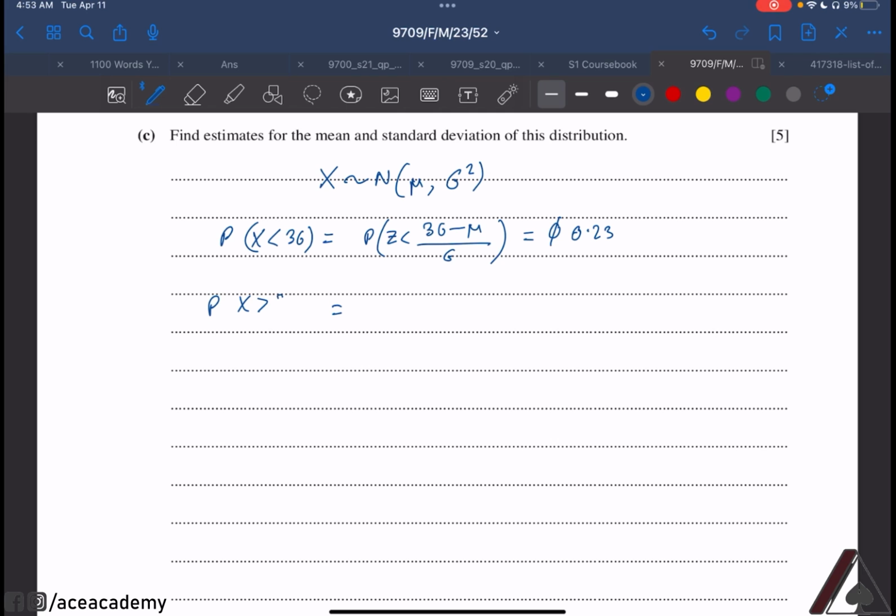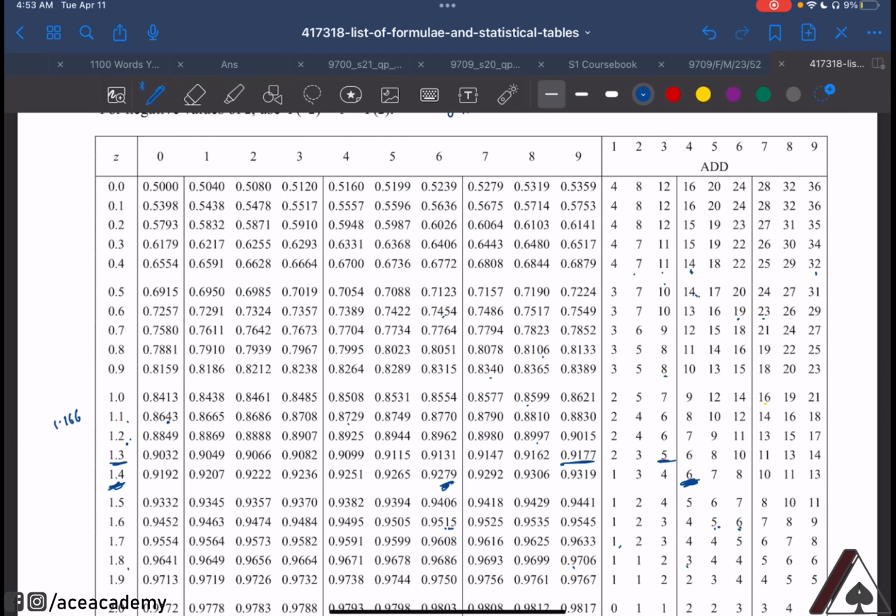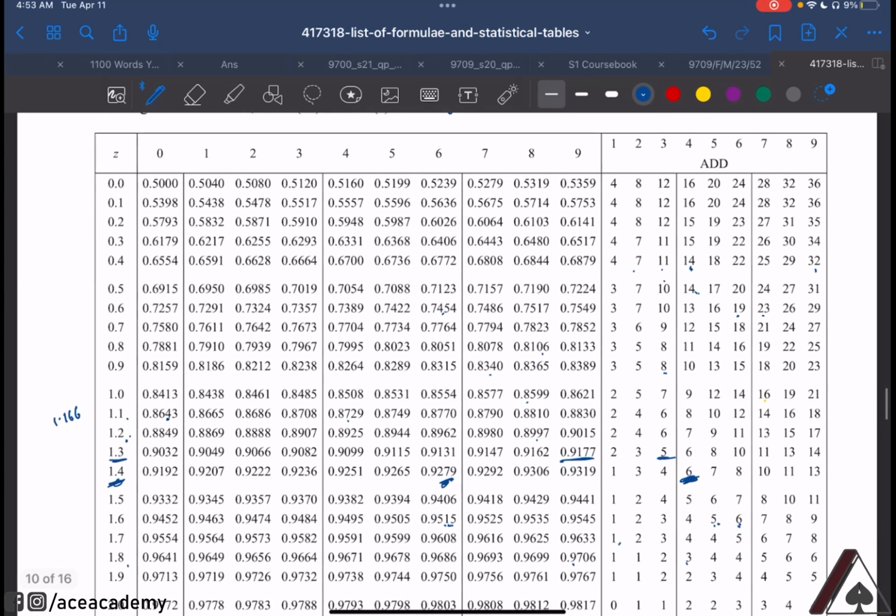Probability of x is greater than 36 equals probability of z is greater than 36 minus mu by sigma equals 1 minus 0.23, which is 0.77.